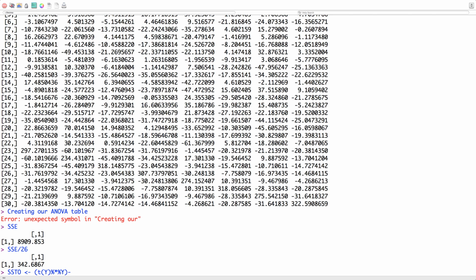Then I'm going to go minus 1 over n, so I need 1 over 30 times parentheses transpose of y times our J matrix. Darn it, darn it, darn it.